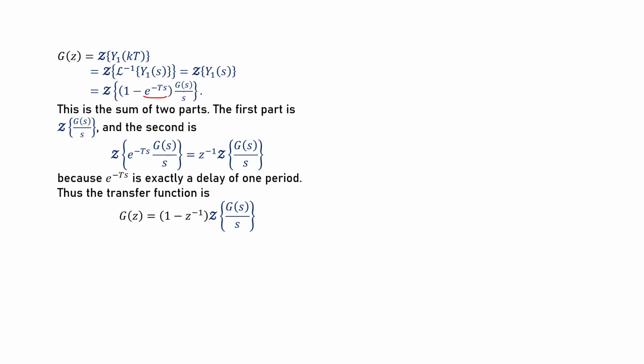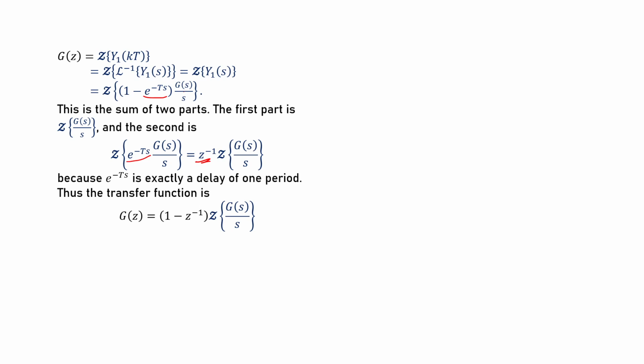For the second part, the Z transform of the second part can be simplified to be like this. Actually, the Z transform of this one is just a unit delay, and this is a unit delay. You learned this before from the Z transform, right?